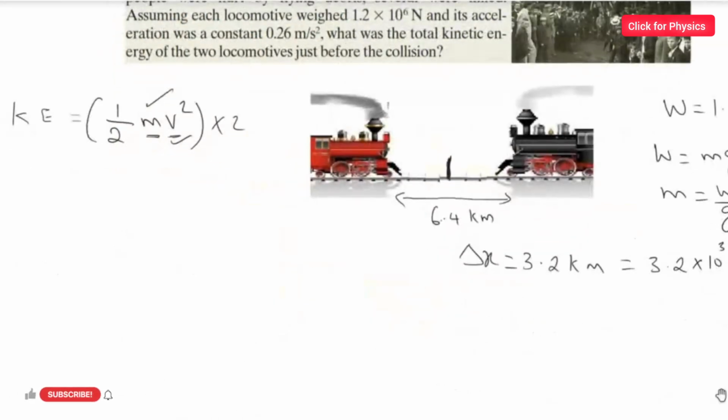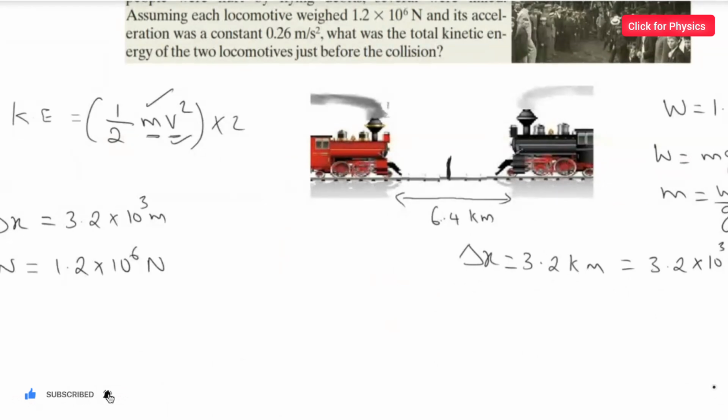We already have the value of delta x, because the locomotives collide at this point, so the distance traveled by each is 3.2 kilometers, that is 3.2 × 10^3 meters. The weight of each locomotive is 1.2 × 10^6 newtons, and the acceleration is 0.26 meter per second square.